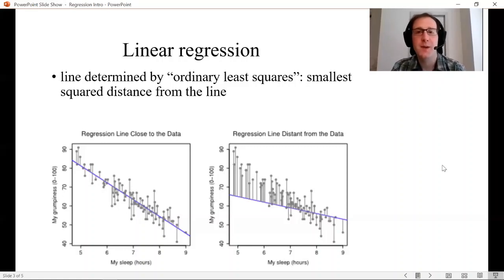The reason that we specify ordinary least squares as opposed to other types of regression is that there's a whole world of different types of regression analyses out there. Ordinary least squares linear regression just happens to be the most common one used in psychology.